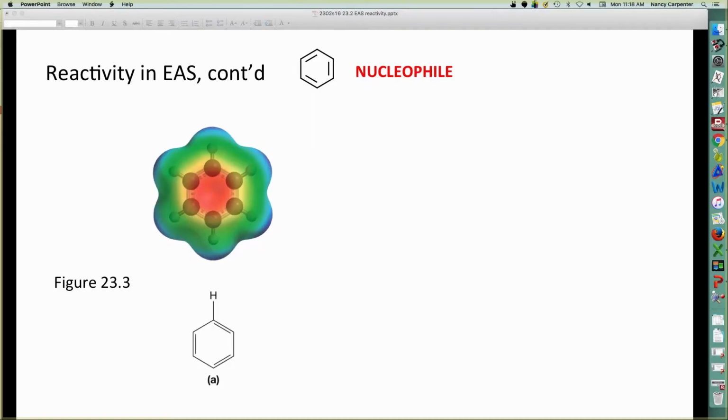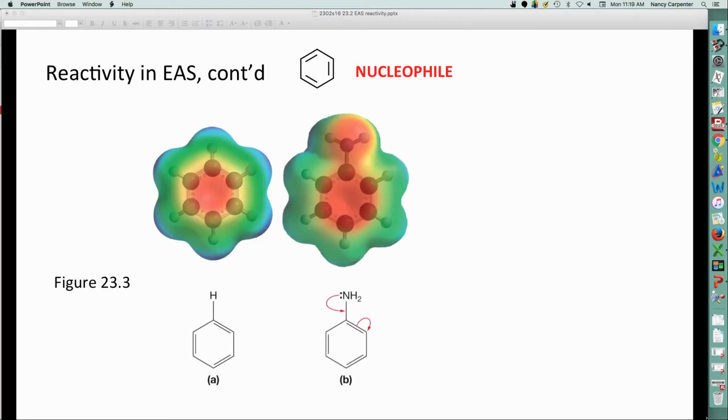And the red is the pi electron density, smack dab in the middle of the ring where that pi molecular orbital sits above and below the 6 carbons. The point of these maps is basically to compare the electron distribution when you have different substituents on them.